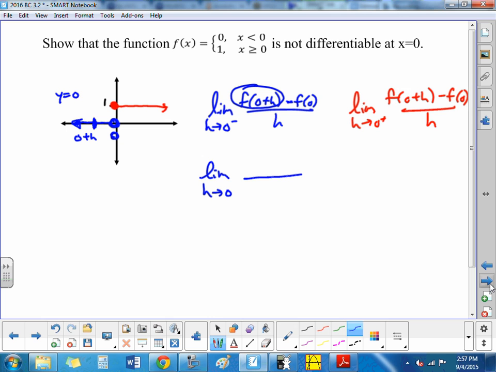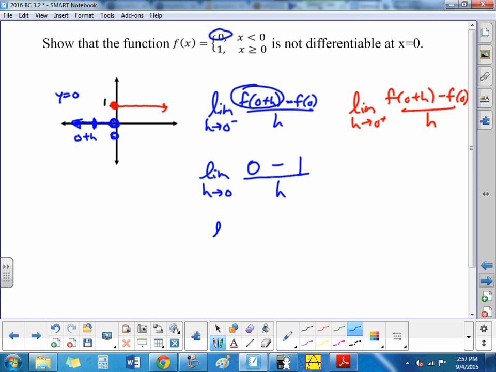So you can think of h as negative 0.001, for example. So we're physically on the left piece, and that's why we have to pick the left function, which is 0. Minus, and then f of 0. For f of 0, we have no choice but to pick 1. If you look at the original graph, f of 0 is clearly 1.